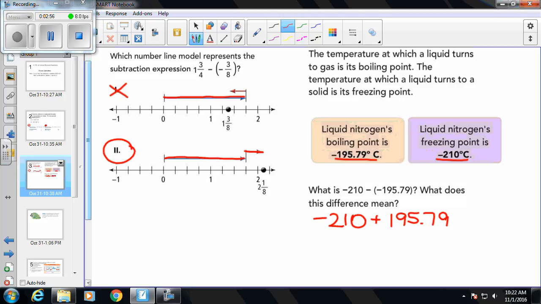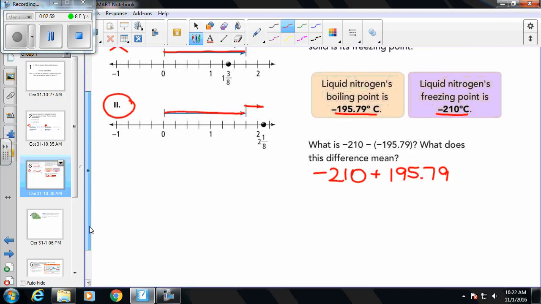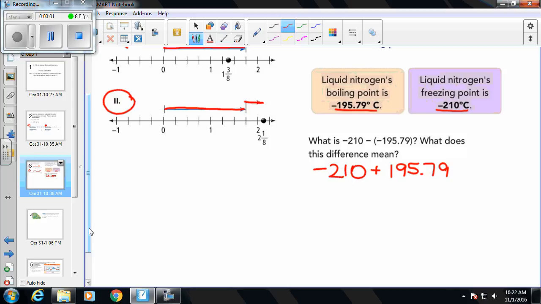When I combine those two numbers, I'm going to subtract and take the sign of the larger, and when I do that, I get negative 14.21. Of course, we are doing this without a calculator, so you have to do some borrowing here. When I look at that, what does that number mean? It means the difference.